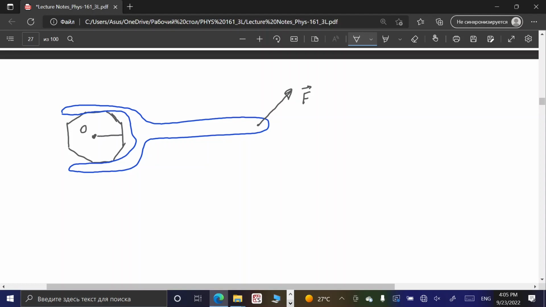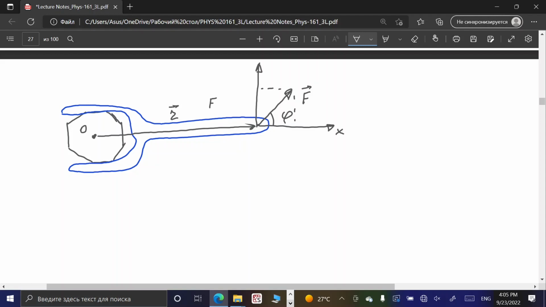So this will be the position vector r of the point where the external force is exerted on the wrench with respect to the axis of rotation. If we look here at some axis x and axis y, this force will be exerted at some angle phi with respect to the horizon. So we can consider projections of this force vector on axes x and y.